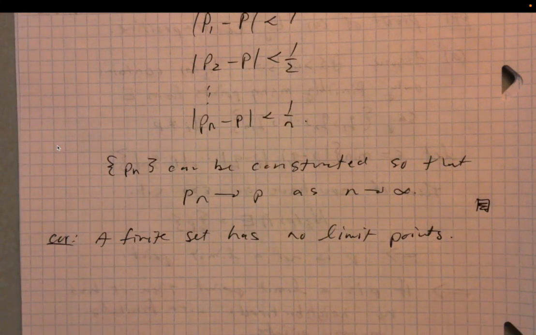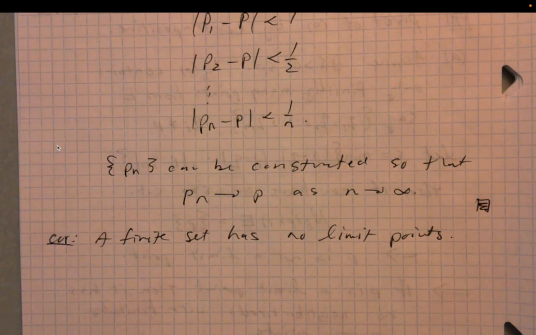I don't know what this is exactly a corollary of, but I suppose it's a corollary of part A of the most recent theorem, where we said that if P is a limit point, then every neighborhood of P will contain infinitely many points. Well, if E is a finite set, then it's going to have no limit points, right?